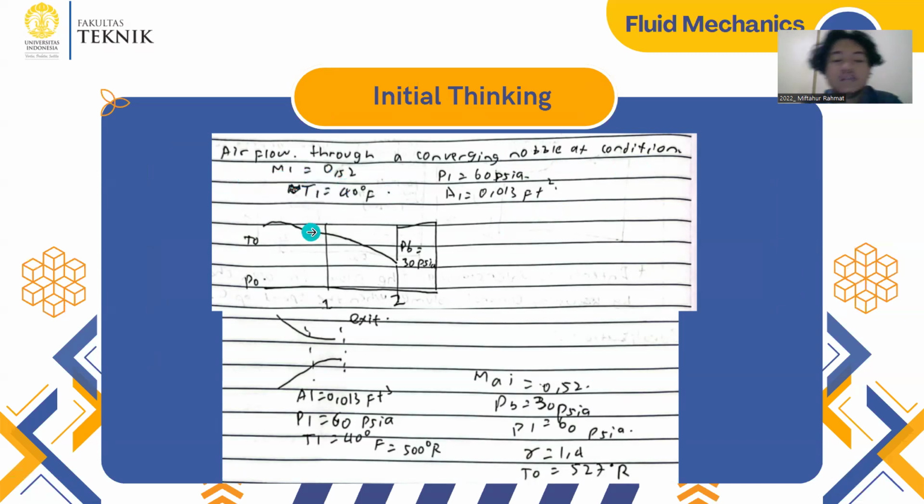the Mach number is 0.42. The temperature is 40 degrees Fahrenheit. The pressure is 60 psia. And the area is 0.013 feet square.